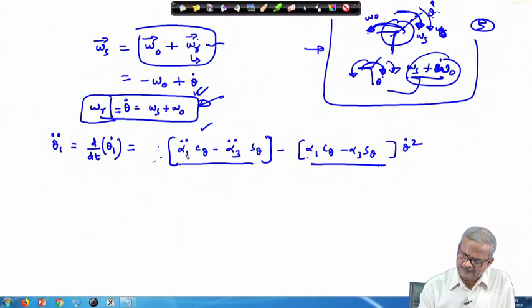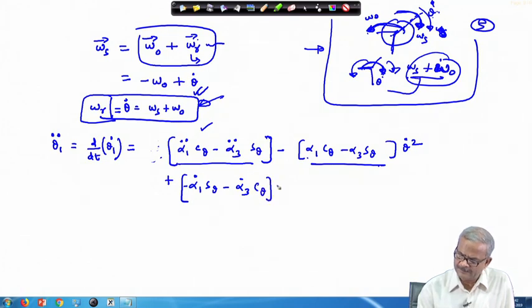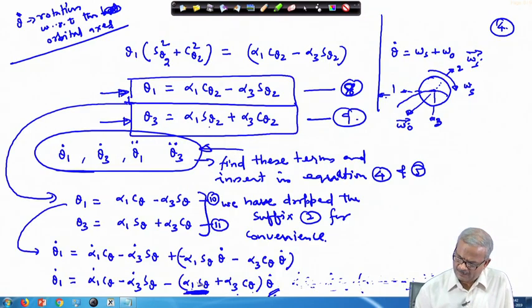Okay. Then the corresponding term for this we have to take care of alpha dot, and c theta is there. So, this becomes minus s theta, okay. And then minus alpha 3 dot, this be differentiated, that becomes c theta times theta dot. Okay. Similarly, here in this place, this is with minus sign here.